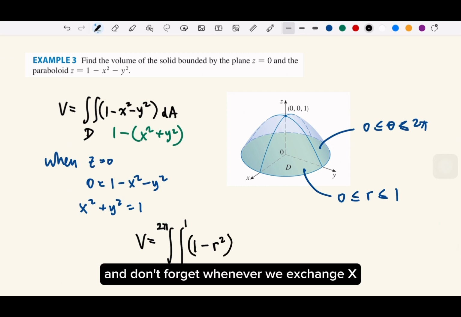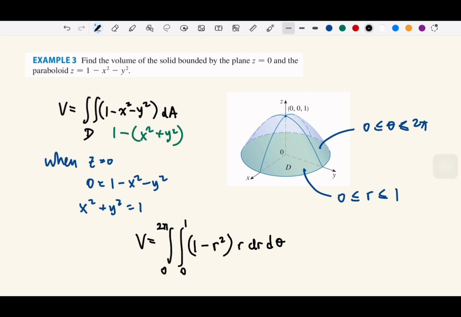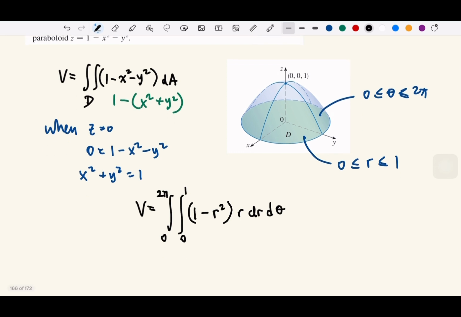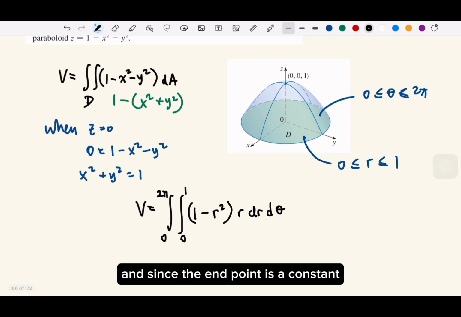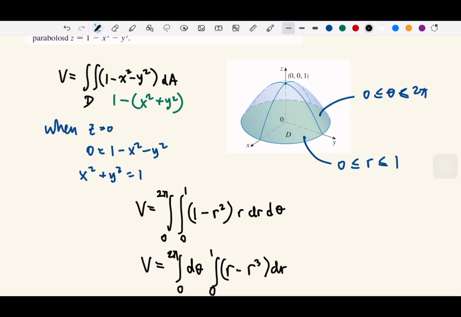And don't forget, whenever we exchange xy to r theta, we need to write r dr d theta. Since the endpoints are constants, we can write this separately: d theta, and the integral of r minus r cubed dr.